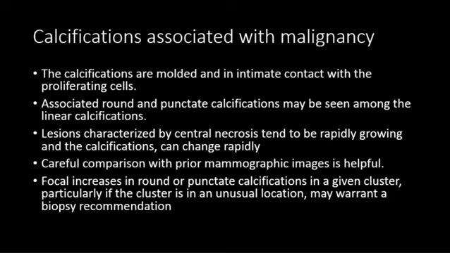The lesions that are characterized by central necrosis tend to be rapidly growing, and the calcification can change rapidly. If you do a mammogram today and repeat it after a short period of time, you can see a difference in calcification. Why? Because sometimes the proliferating cells are proliferating rapidly, and the calcification will change shape.